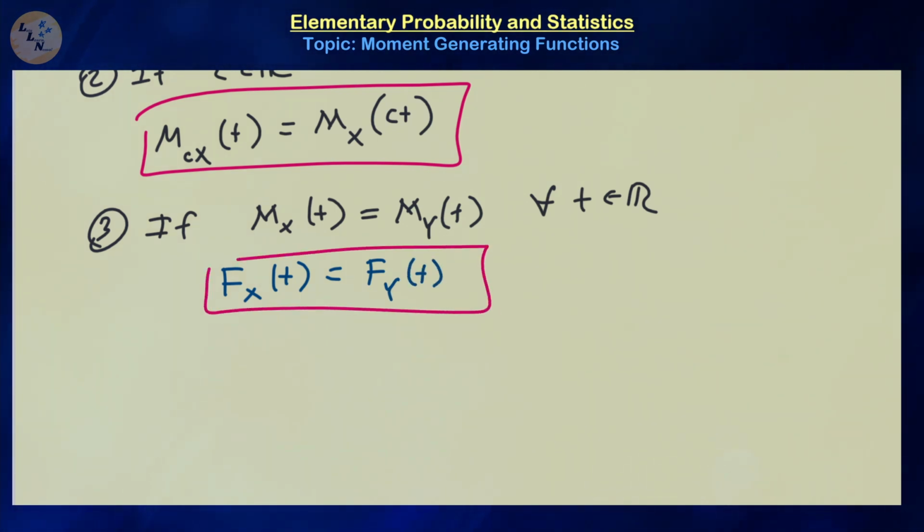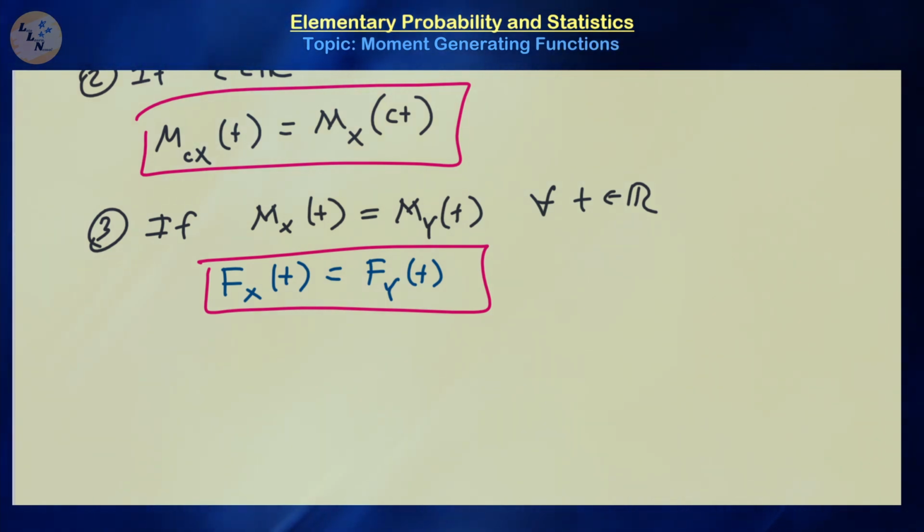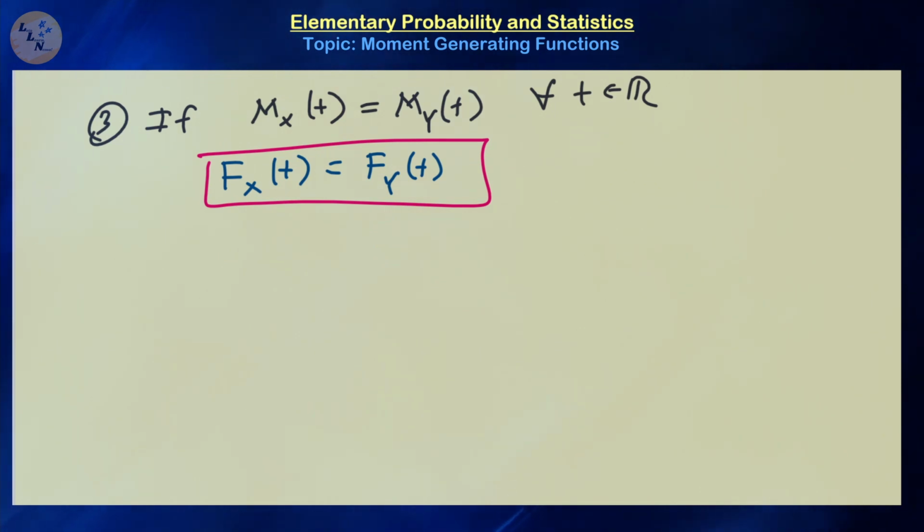So, up to a certain degree, if the moments are all equal to each other, then the cumulative distributions are equal to each other. That doesn't imply that the PMFs or the PDFs are equal to each other exactly, but the cumulative distribution functions are going to be equal up to some particular point. And this is actually how you can construct probability density functions if you know the moments or some of the moments of the random variables. Then you can maybe approximate things if you want to.